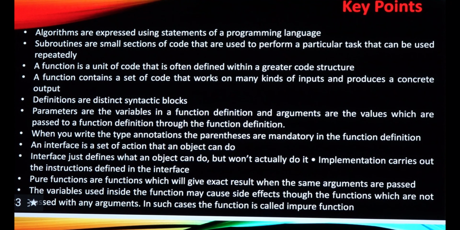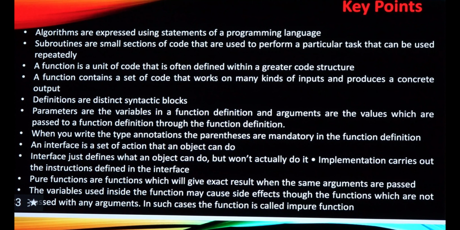A function contains a set of code that works on many kinds of input and produces a concrete output. Definitions are distinct syntactic blocks. Parameters are the variables in a function definition and arguments are the values which are passed to a function through the function definition.